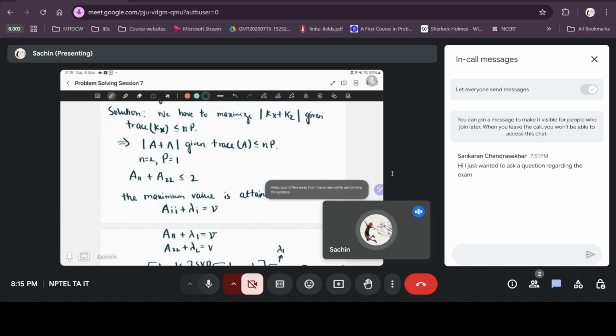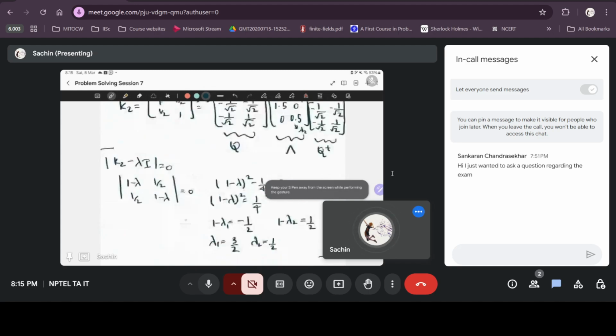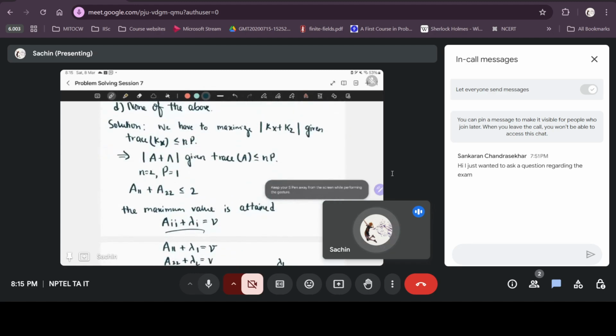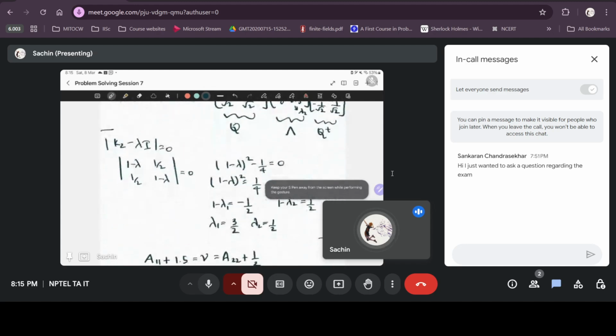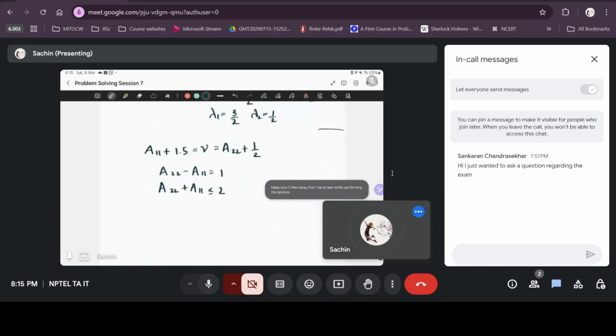So we also have to maximize this A_i plus lambda_i. This lambda_i is dependent on noise, we can't control that. So you have to maximize this A_ii value also. The best we can do is equal to 2. So I'll take that as 2.